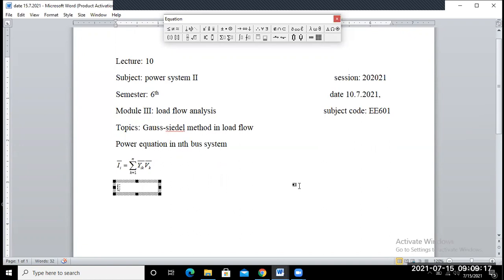Here Pi is the active power injected at the ith bus and Qi is the total reactive power injected at the ith bus.